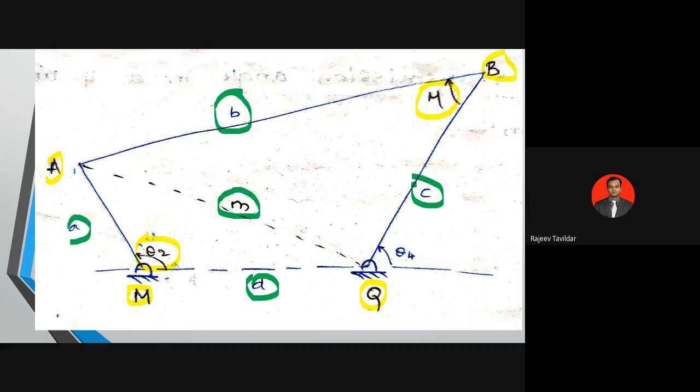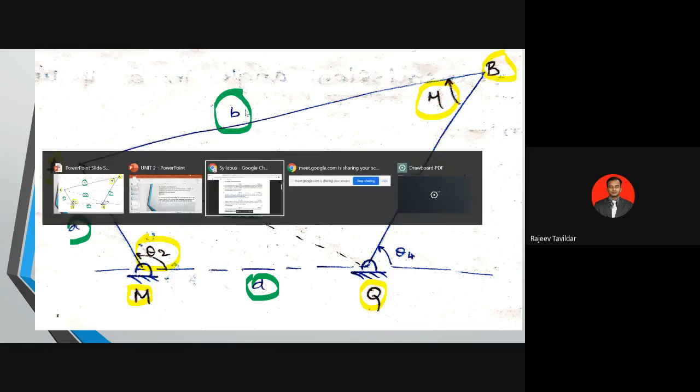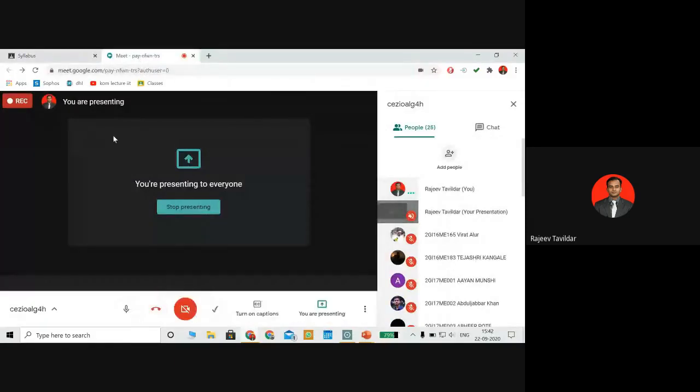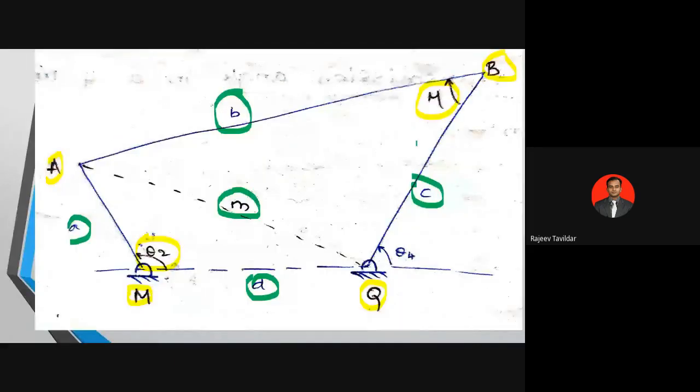That means MA link length is equal to small a, AB link length is equal to small b. Similarly, BQ link length is equal to small c and MQ is equal to small d.